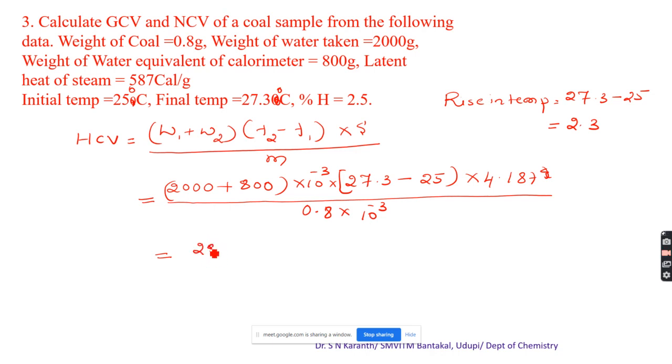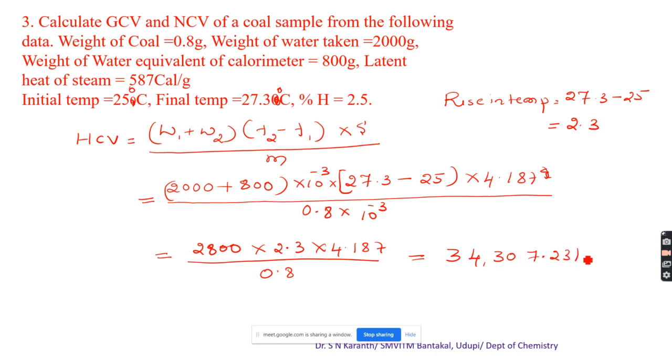It's actually 2800 multiplied by 2.3 multiplied by 4.187 divided by 0.8. So the HCV becomes equal to 34,307.23 kilojoule per kg. This is the higher calorific value of the fuel sample.